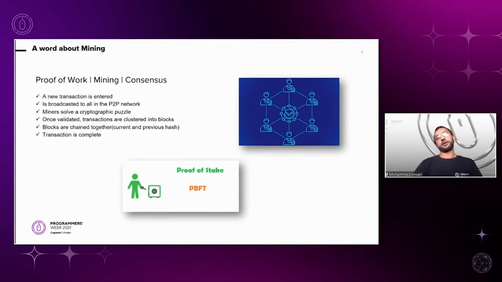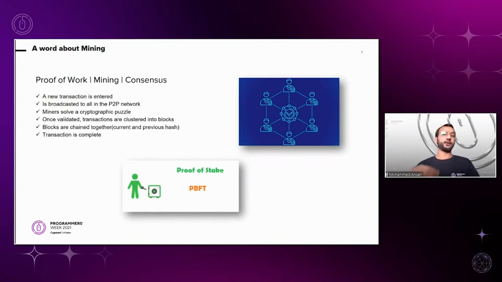As a result, this gave birth to a number of different consensus algorithms in the landscape. One of them is proof of stake, which Ethereum is planning to move to in the next few months or couple of years, in which stakeholders in the system take care of establishing consensus.